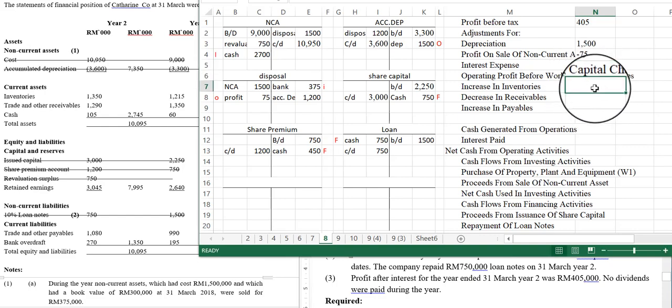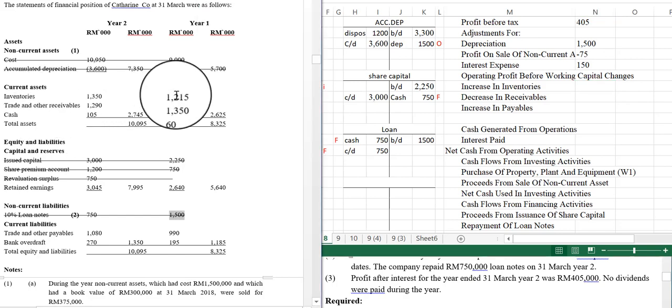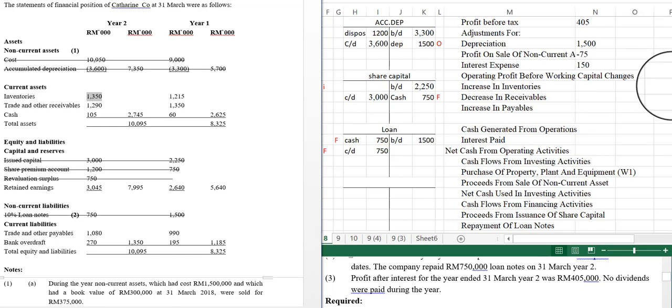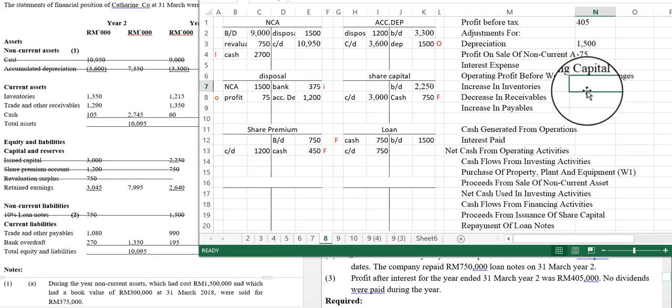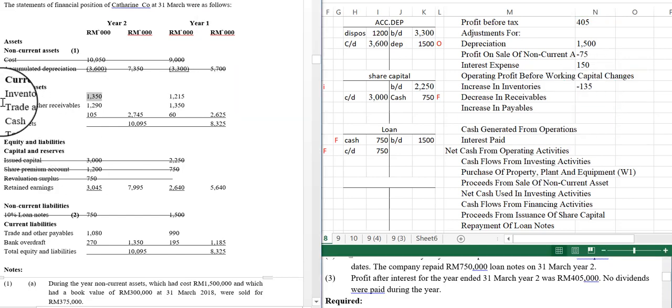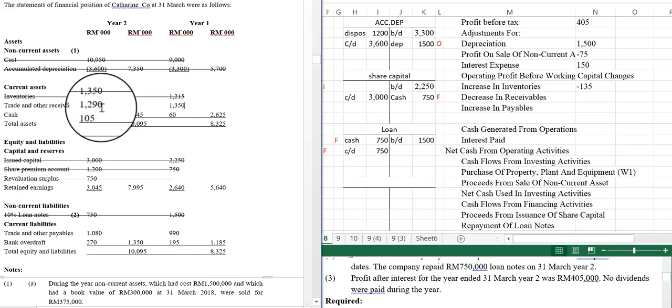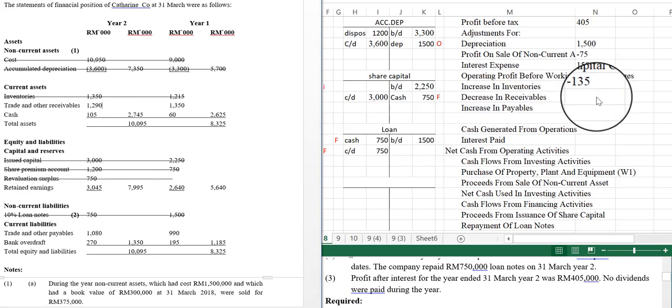Now you have inventory, check on your inventory, 1215 to 1350. There is an increase in inventory. An increase in inventory basically means you pay to buy the inventory. It's a negative sign, negative 135. Next is decrease in trade receivables, 1350 to 1290.